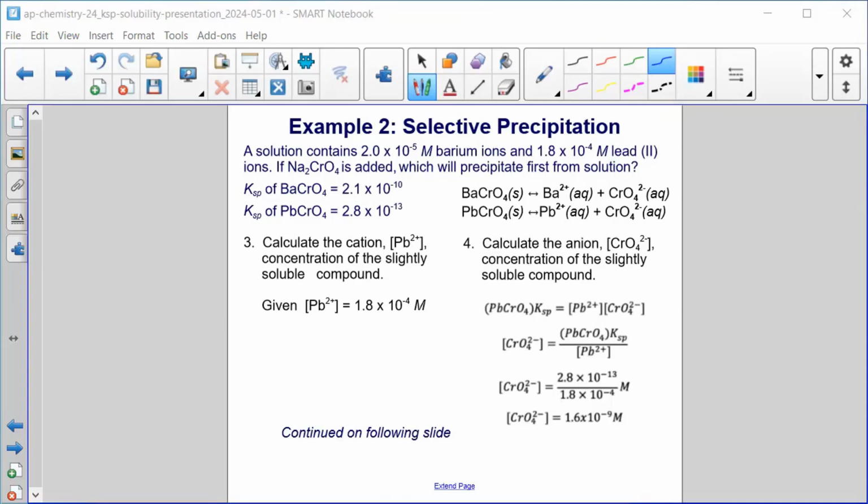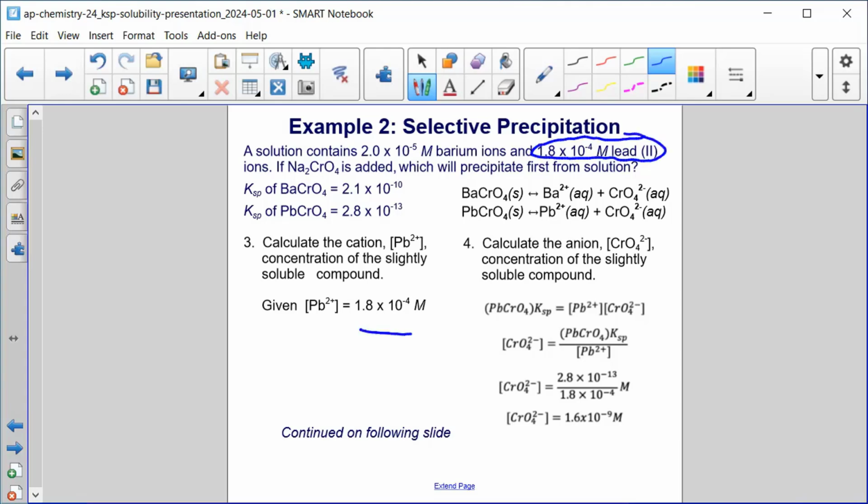All right, so let's repeat what we just did on the previous slide, but this time for the lead 2+ and the lead chromate rather than the barium. So we are given the lead 2+ concentration of 1.8 times 10 to the minus 4 molar.